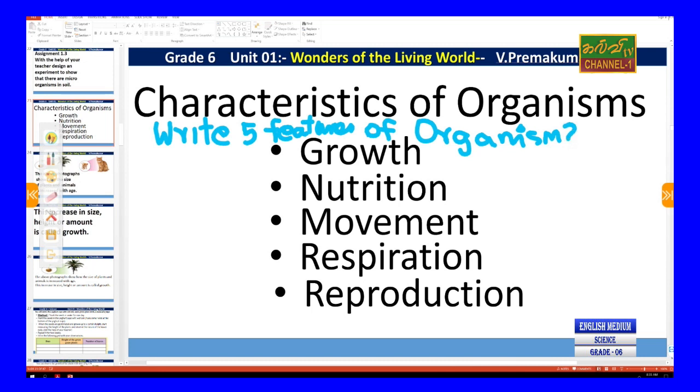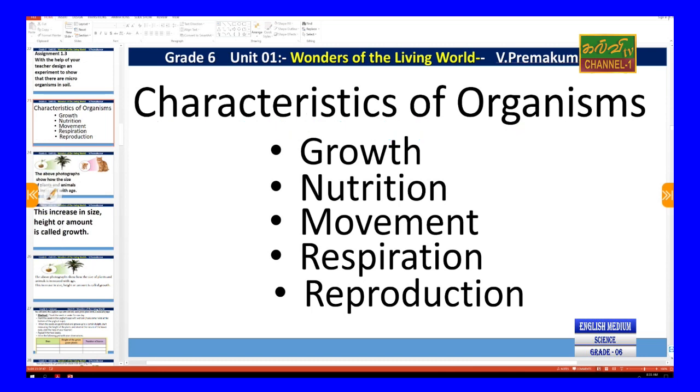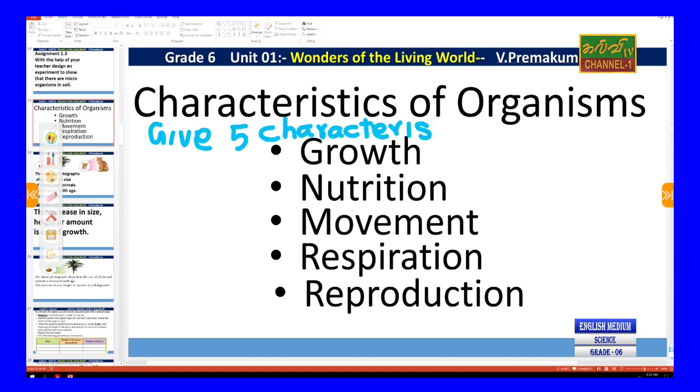Otherwise they can ask another question: Give 5 characteristics of organisms.